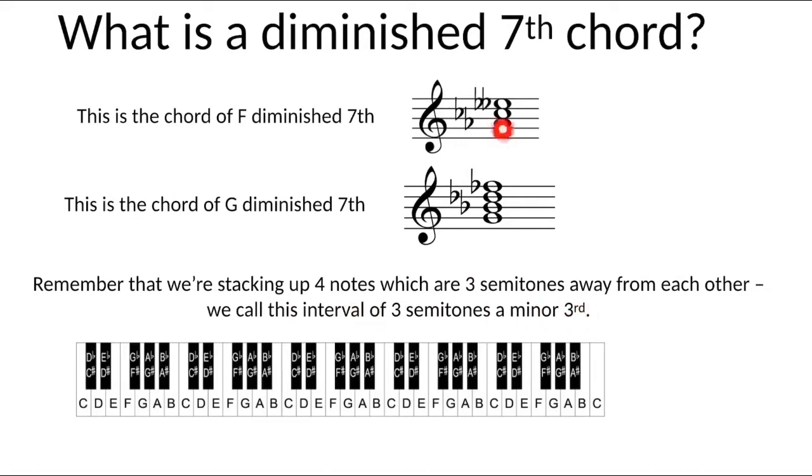So from F, for example, to A flat, 1, 2, 3 semitones, that's a minor third. From A flat to C flat, it's a third because there are 3 letter names involved, A, B and C. And from C flat to E double flat, here's C flat, here's E double flat, enharmonically that's a D.